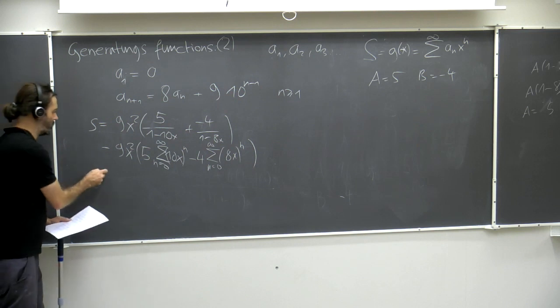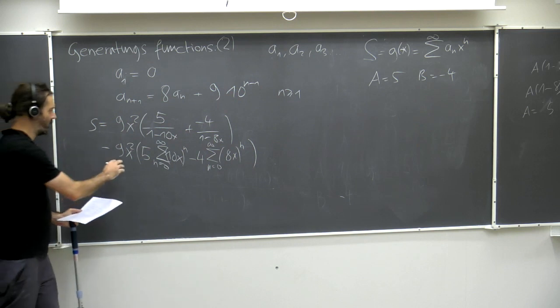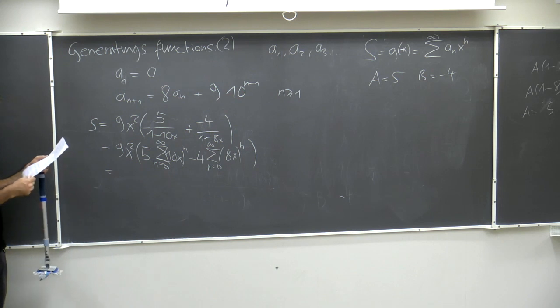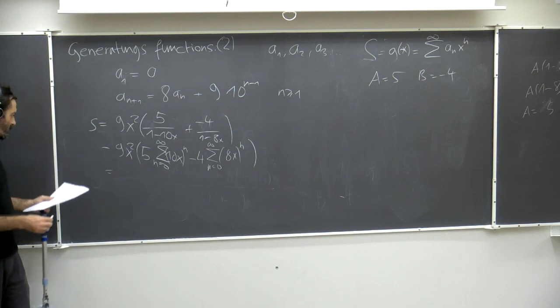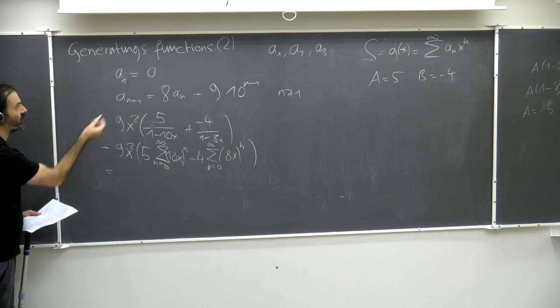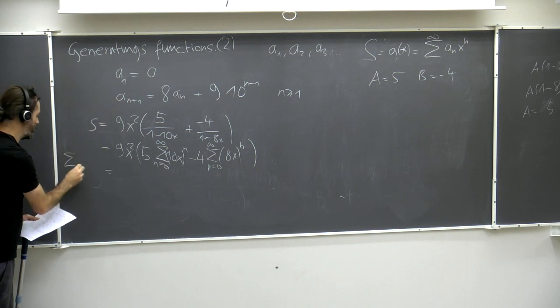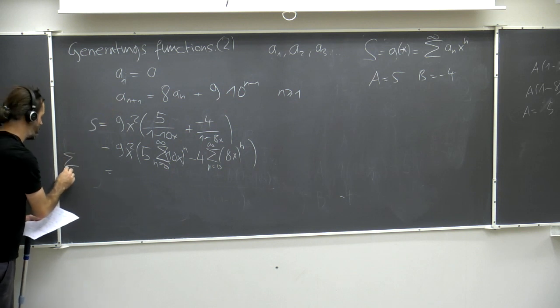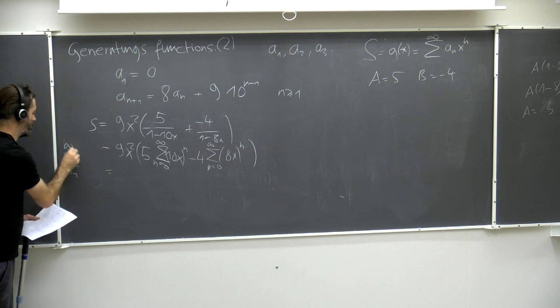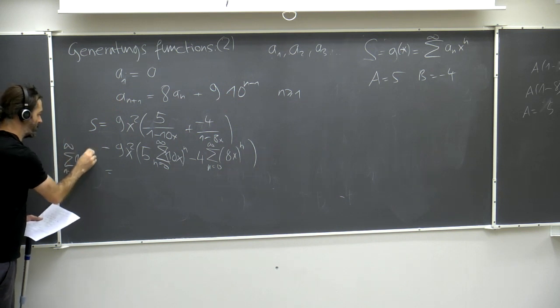And now let's pull the 9x squared inside again, and remember that s was equal still on the board: the sum of n is equal to 1 to infinity a_n x to the n.